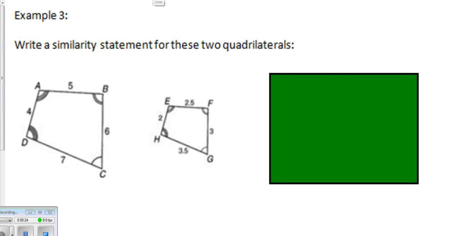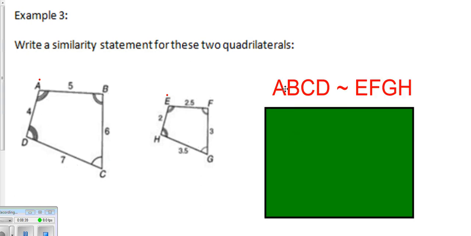So when we write a similarity statement, again, like our congruency statement, we just match the pieces up. So A matches with E, then B, C, D. So we could start by saying A, B, C, D, this figure, is similar, not congruent.